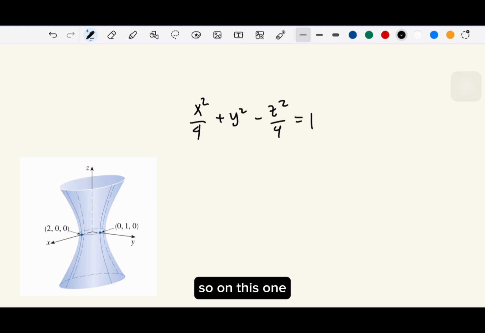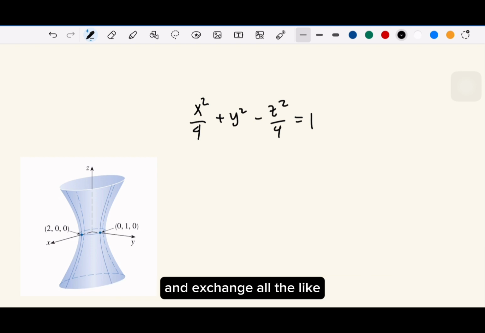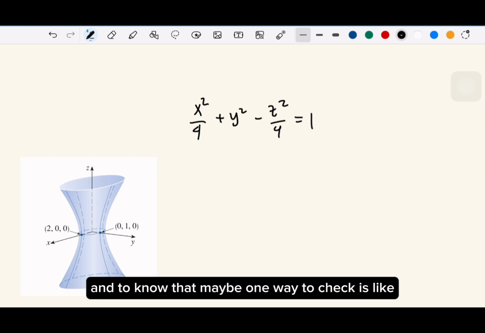And of course, we can combine all the formulas in quadric surfaces and exchange the variables, like rotating this, which means the ellipse can be in xz or yz, depending on the case.